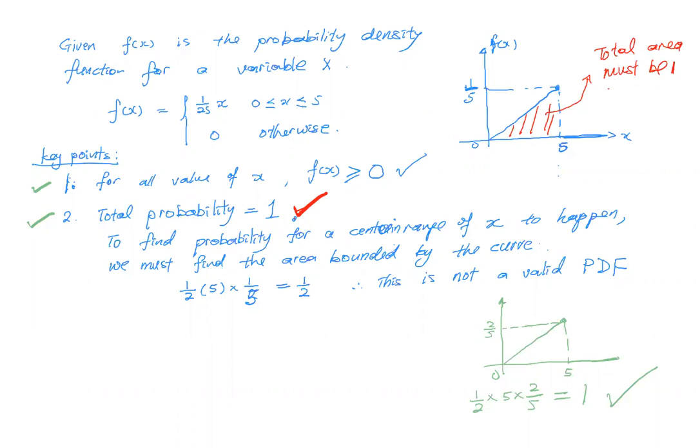Miss, when there's a question about the function itself, like 1/25 x, the range, what does that mean? It's based on this graph. That means from 0 to 5, I use this formula. Other than that, I put 0.